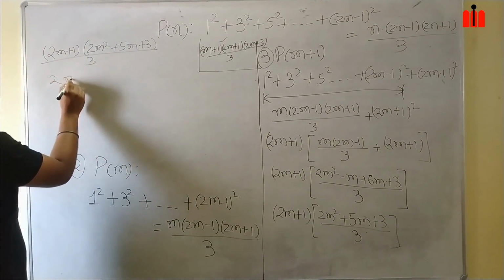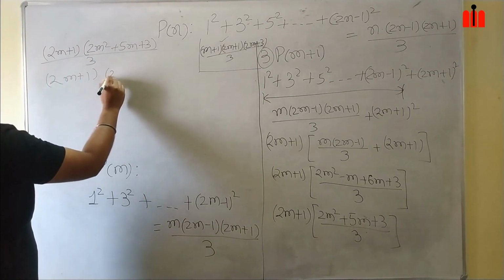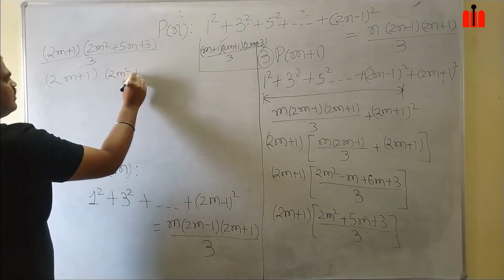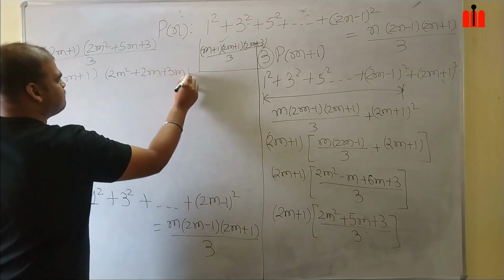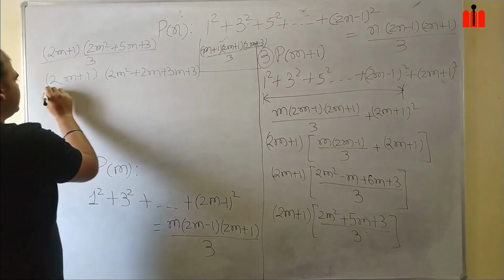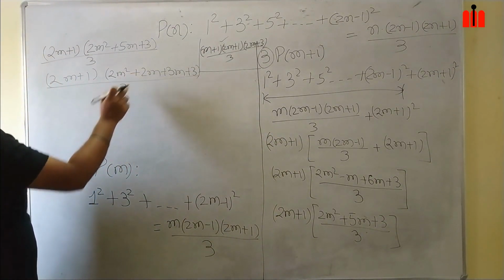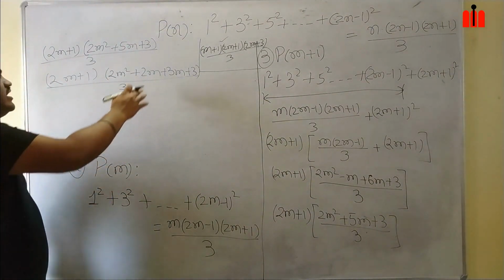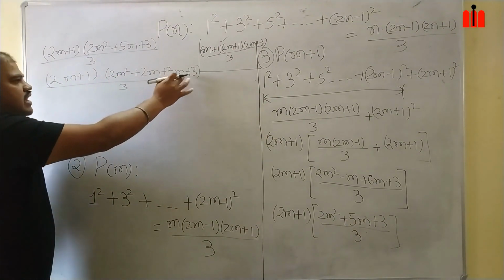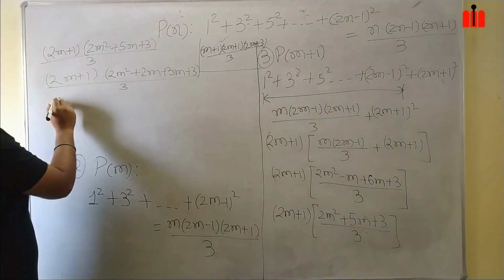So it will be 2m square plus 2m plus 3m plus 3, whole divided by 3. Okay, so what I had done, I had split 5m as 2m plus 3m. In this, 2m is common and this 3 is common. So let's take those common terms out.